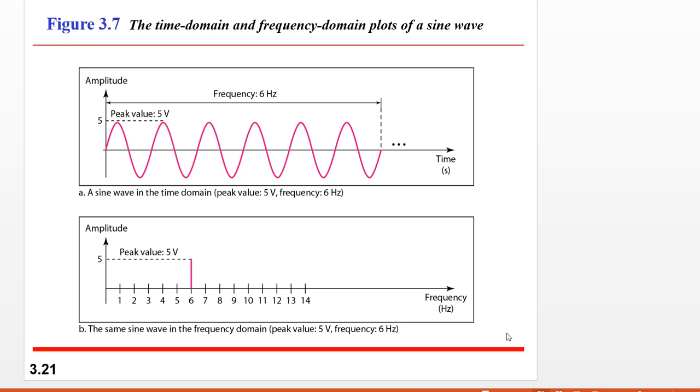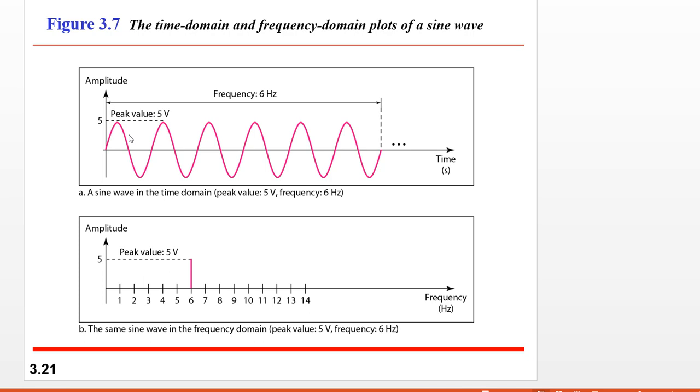Time domain is the first wave you are seeing. Here the sine wave is represented with the time axis. Here you can measure the peak amplitude, and you can get the frequency based on the time period.